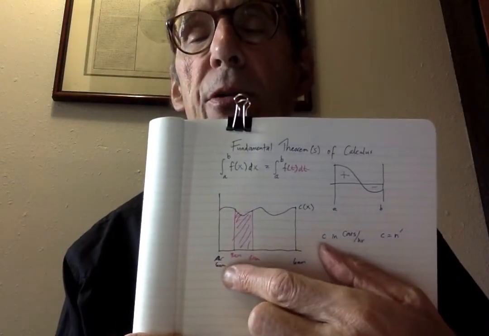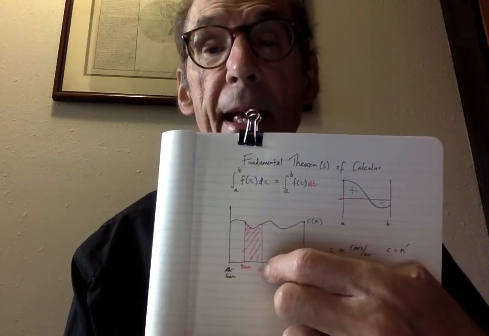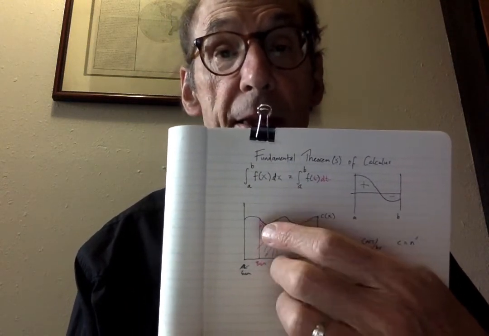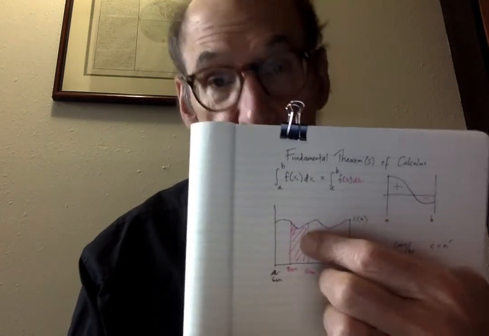So one thing that we can do, which is kind of interesting, is say we can go from 8 o'clock until 10 o'clock, and so what we're going to say is we had so and so many cars per hour all this time, and this area is going to represent the number of total cars that happen, say, during rush hour between 8 and 10. So the integral of c of t dt from 10 to 12 is the number of cars.